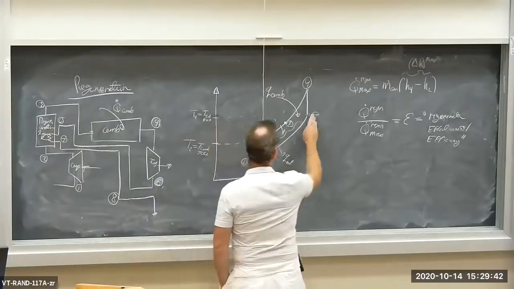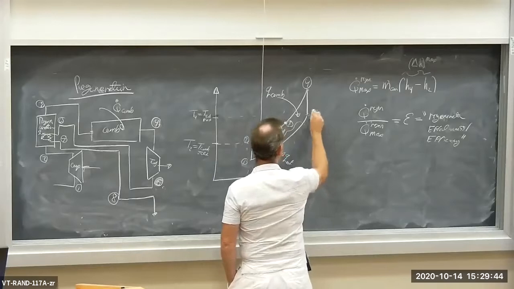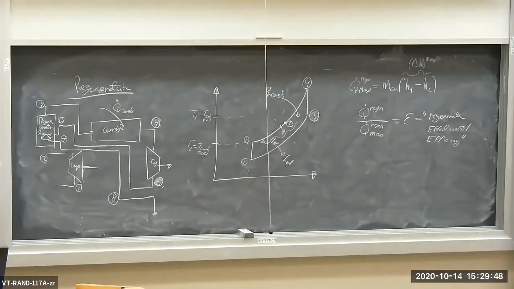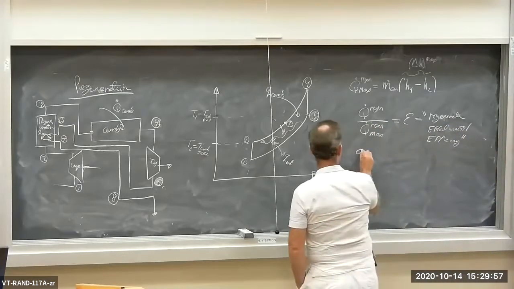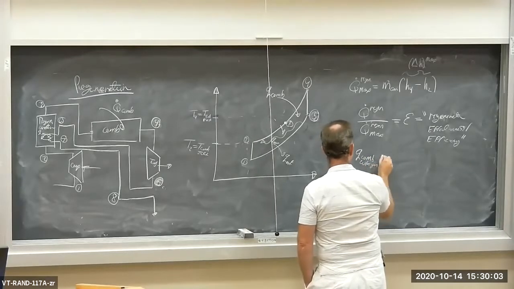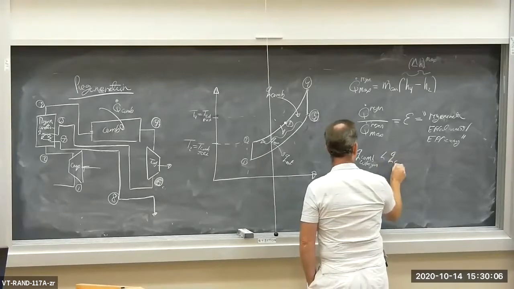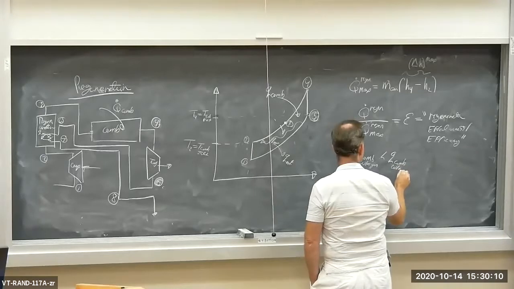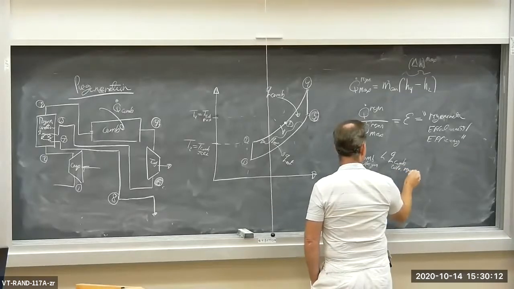Let's see, now I expand it down to state 5. I don't really need to worry about the rest of the states. Those are all having to do with the hot exhaust gas inside the regenerator. I don't really need that. So Q combustor with regeneration is less than Q combustor without regen.